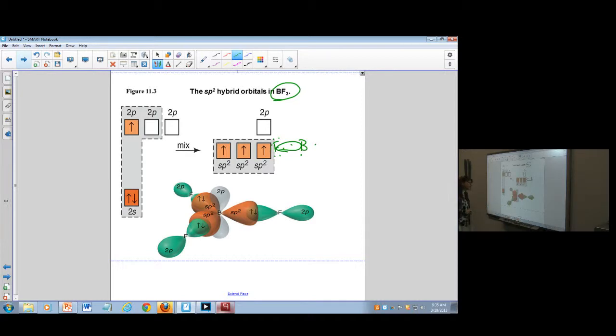But boron, which is 2s2 and 2p1, could only form one bond unless I hybridize. So I need 3 possible areas. I'm going to use the s and 2 of these p's. Notice that one of these p's is left alone. It's not hybridized, it's just out there. But now I have 3 sp2 orbitals that allow me to bring in the fluorine, cause the overlap, and do the bond.